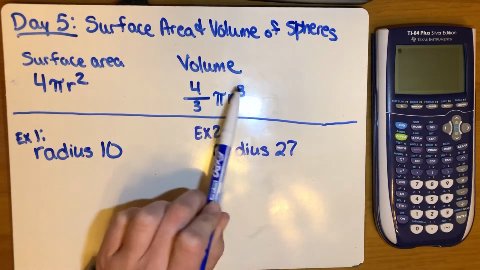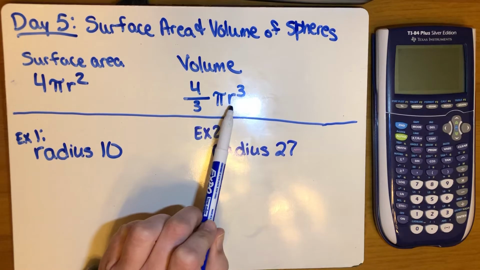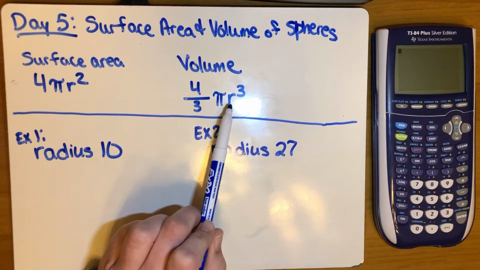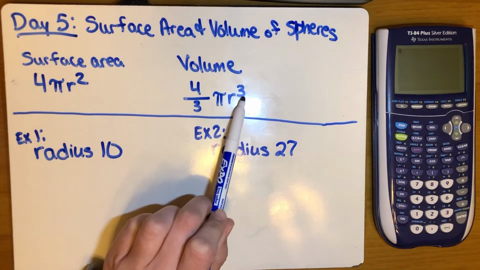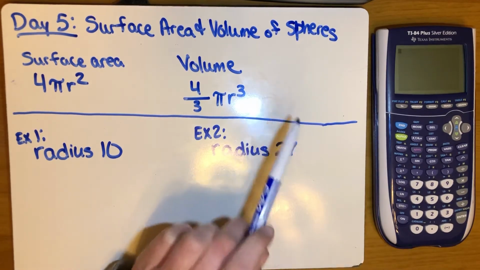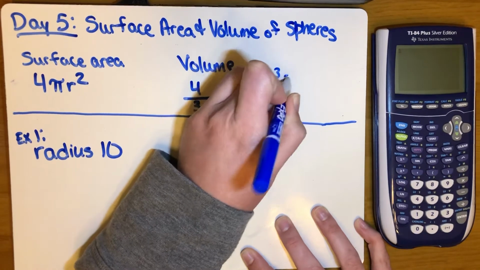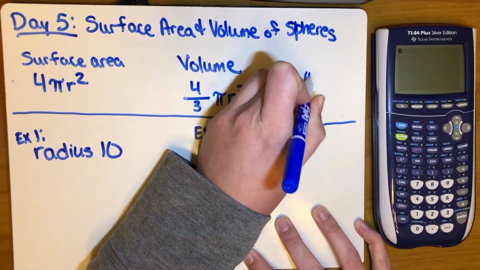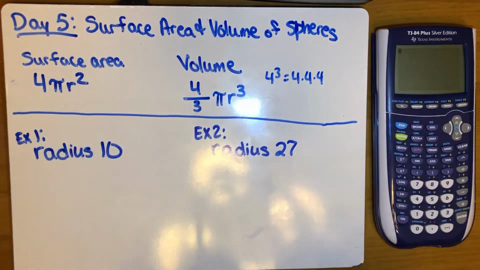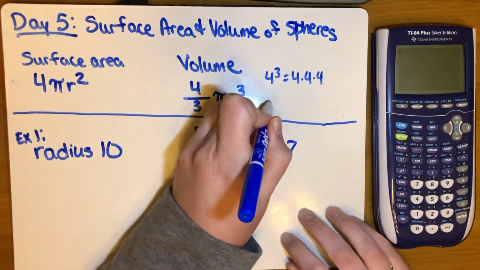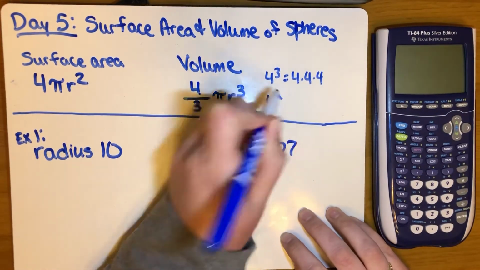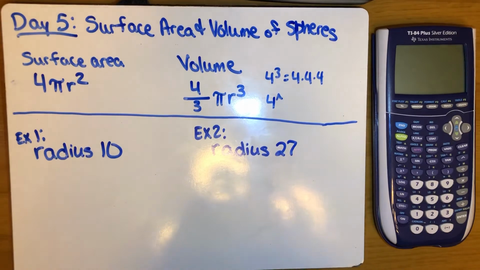Keep in mind that when you see this 3 here, that means you're going to multiply the radius times itself 3 times. So if this was 4 to the 3rd power, it would be 4 times 4 times 4. If you don't have a calculator that will do this, you should have internet access if you're watching this video, and you can put it in with Google using a 4, then a caret, which is on the 6 key on a keyboard.